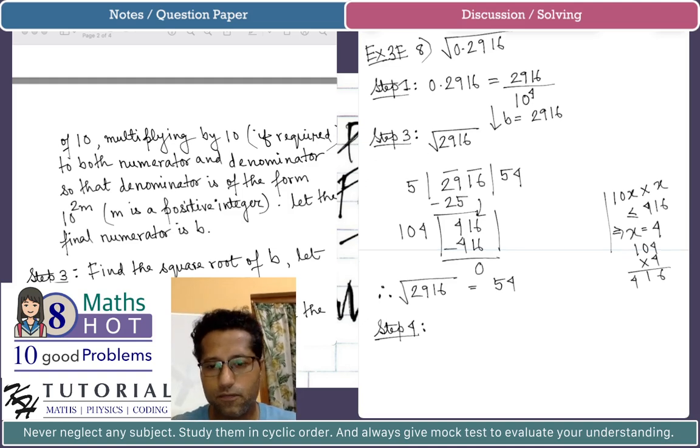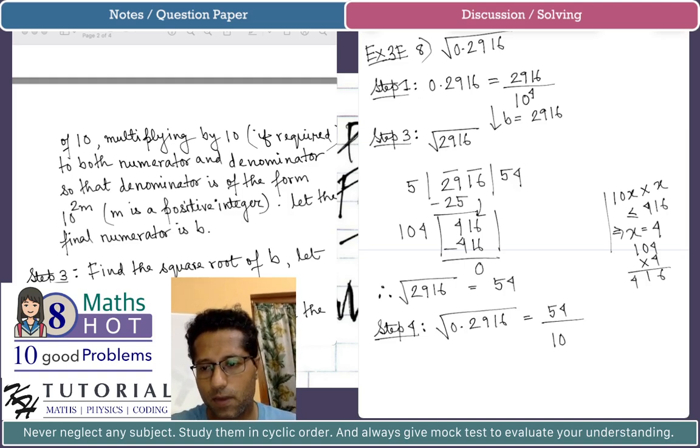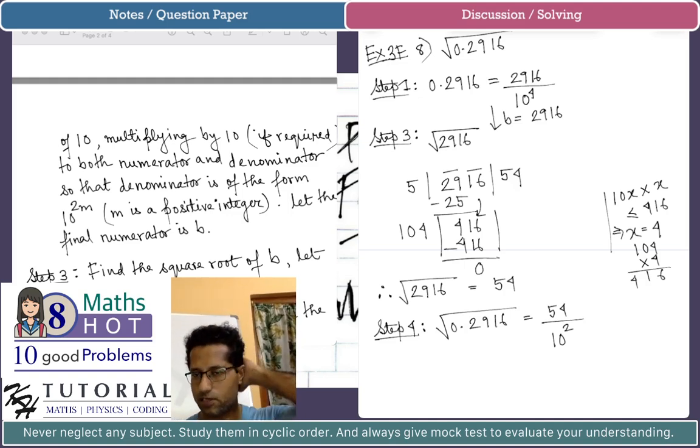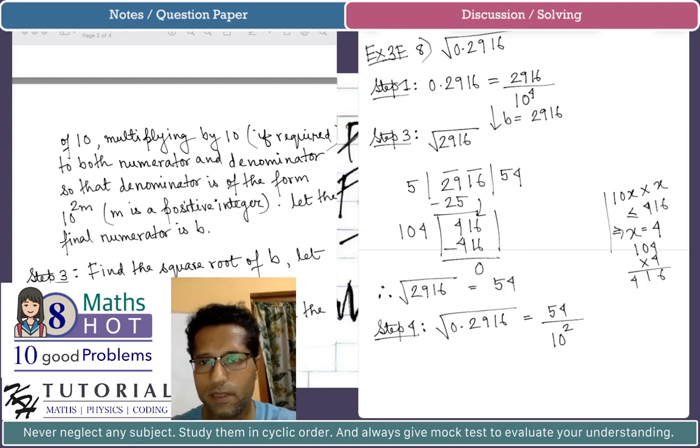Okay, so in step 4, the square root of the given number, 0.2916, will be equal to 54 divided by 10 to the power 2. Why 2? Because after expressing the number in fraction form, the denominator was 10 to the power 4, and the power was already even.